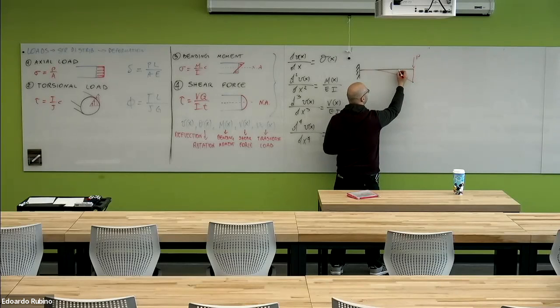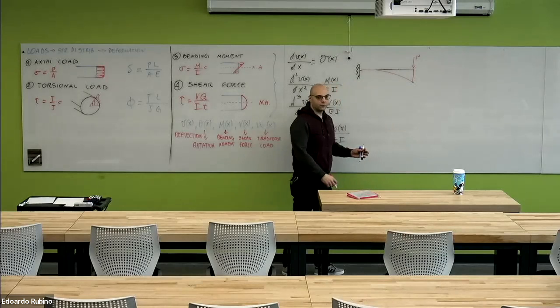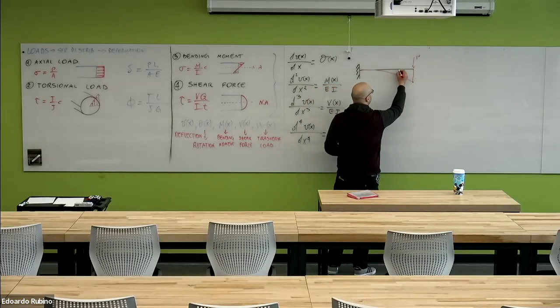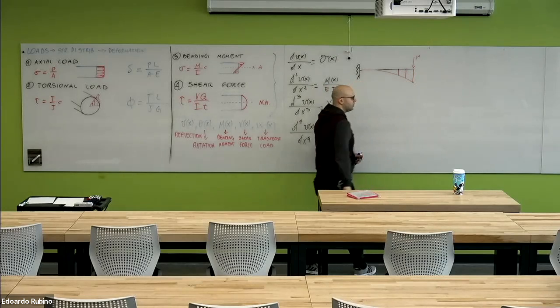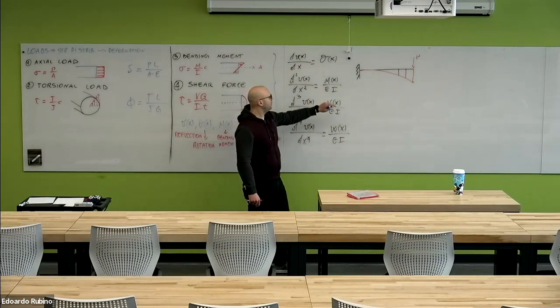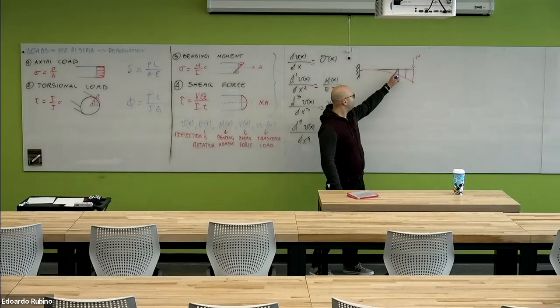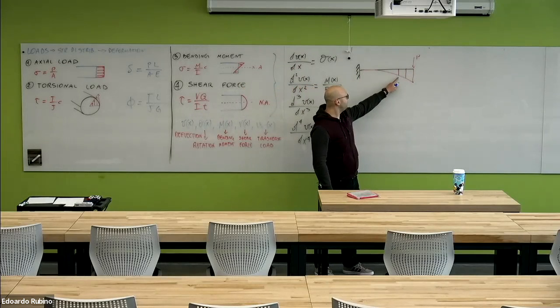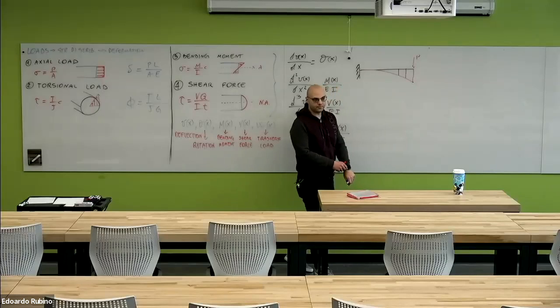If we look at another value of the axial coordinate, for example here, the deflection would be this one. At this point of the axial coordinate it would be this one, and so on. That's why v, the deflection, is a function of the axial coordinate, because for every value of the axial coordinate we will have a different value of deflection.